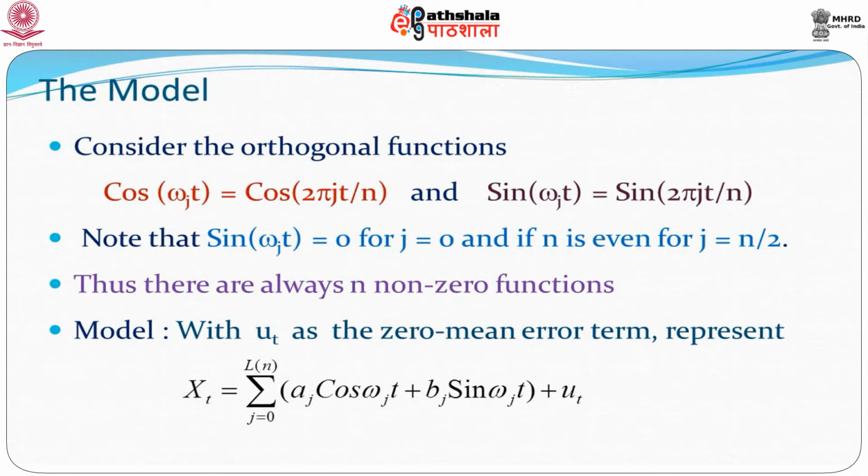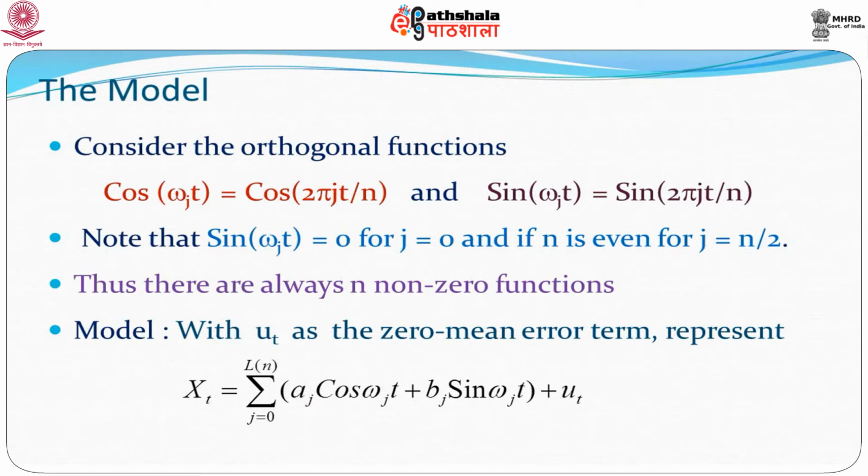So, what we are looking at now is a combination of the orthogonal functions cos omega j t and sin omega j t with these coefficients A j and B j, which would generally be unknown. We will have a look at what these coefficients are, but we will assume for the time being that these are unknown, and we make a composition of this, and this generates x t.